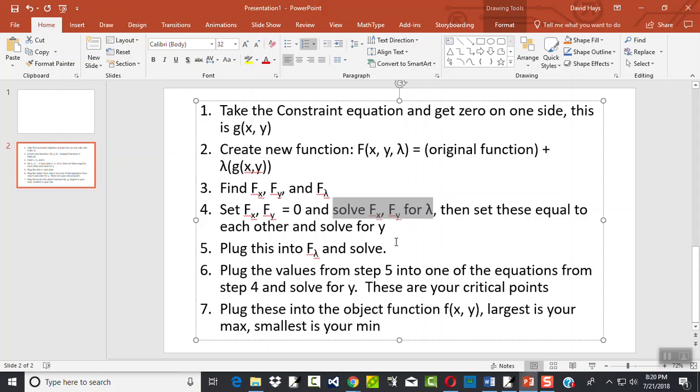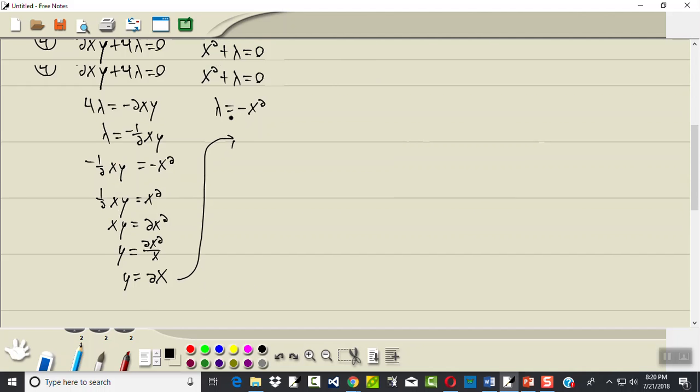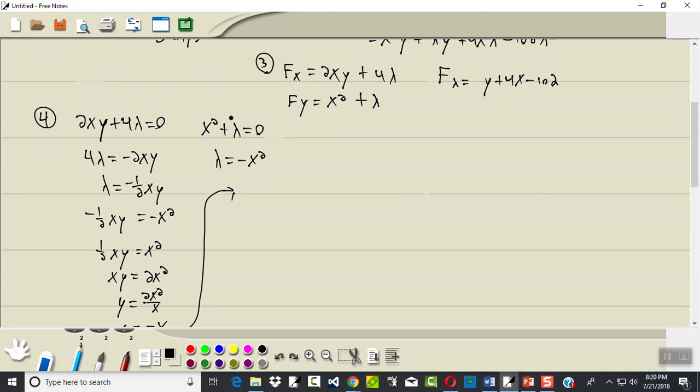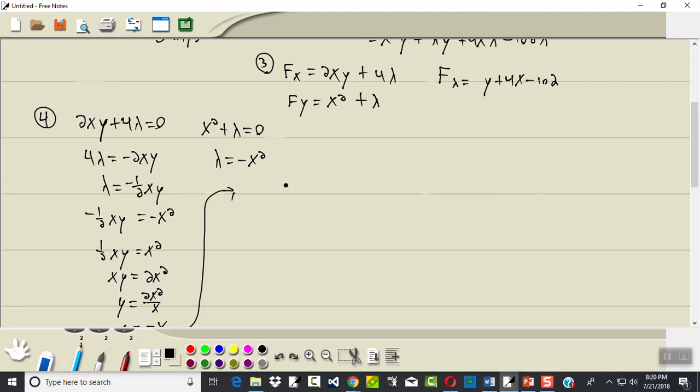What's it tell us now? Plug this into our partial with respect to lambda and solve. Okay. Y plus 4x minus 102 equal to 0.